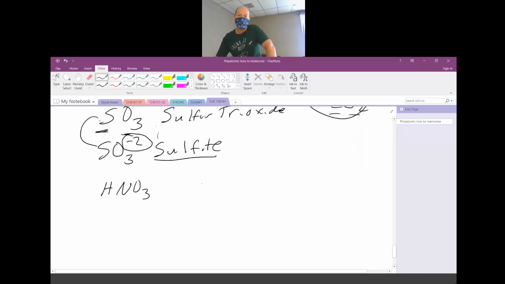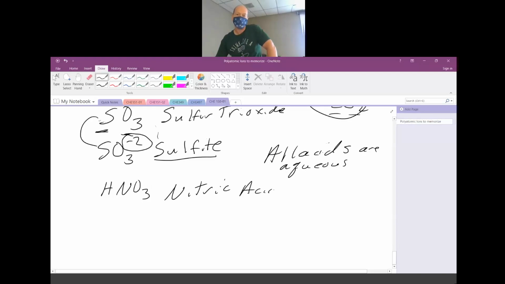The other thing for acids, all acids are aqueous, which means they are in water. And so this is nitric acid. HCl gas is hydrogen chloride gas.